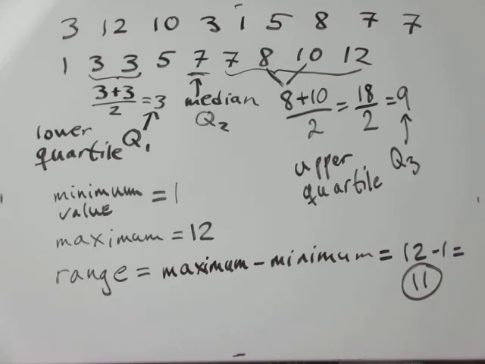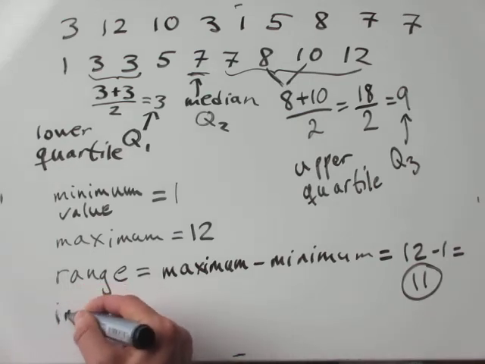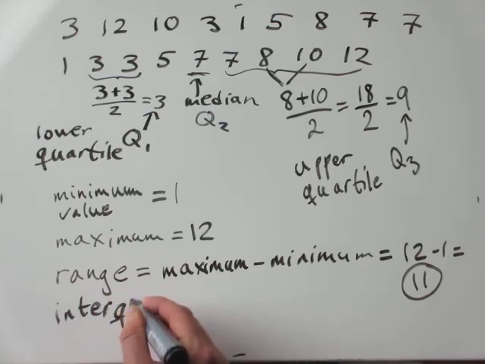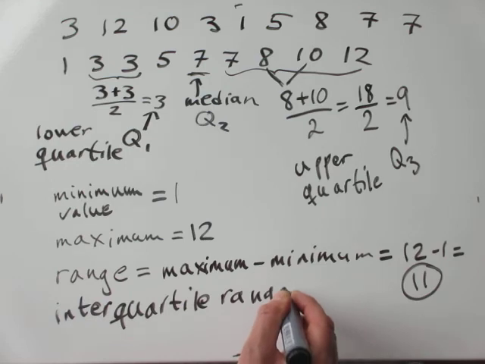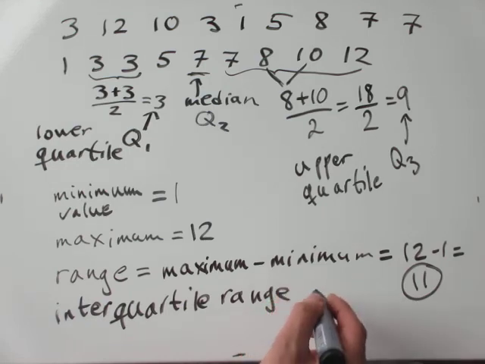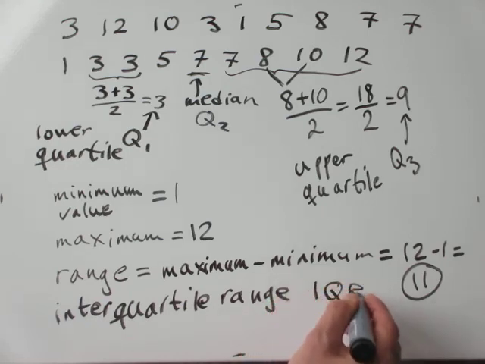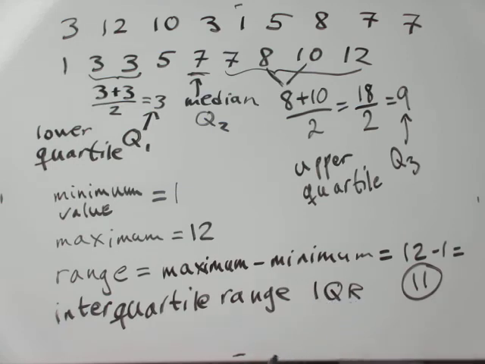There is also another thing that we call the interquartile range. Sometimes it's called IQR, interquartile range.